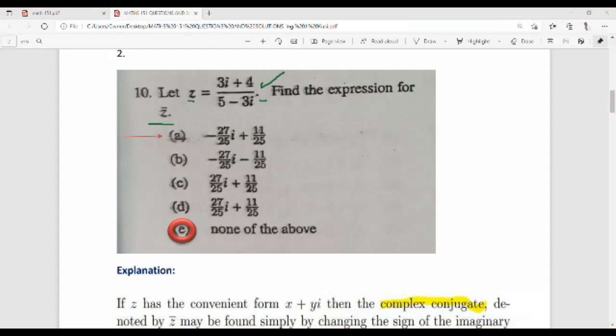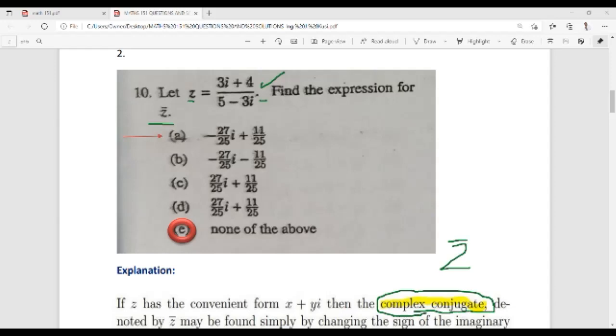So what do you call Z dash? Z dash is actually referred to as the complex conjugate. So anytime you see Z dash, that means you are finding the complex conjugate of it.